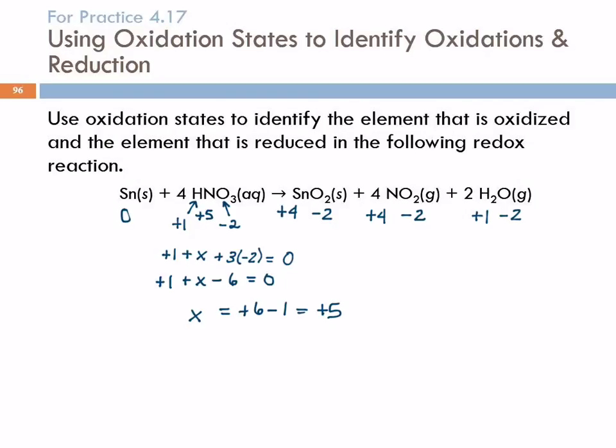For the nitrogen, why is it +4? Because the oxidation numbers of these things have to add up to 0. Okay. And so we've got the oxidation state of nitrogen is +4, and then we have 1 oxygen that's -2 and another oxygen that's -2, and that adds up to 0.